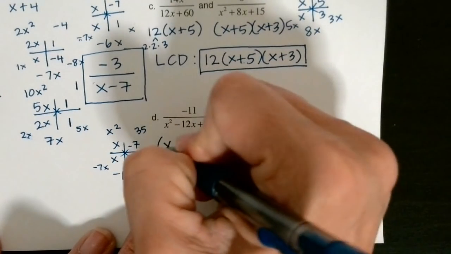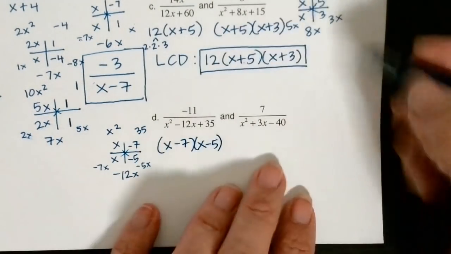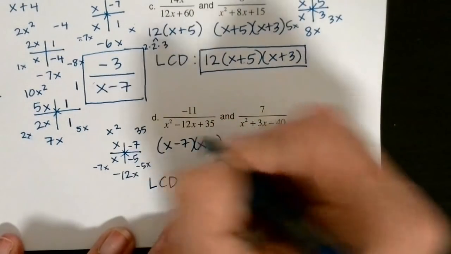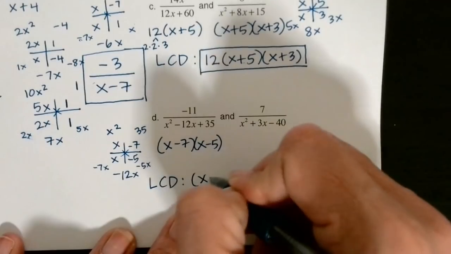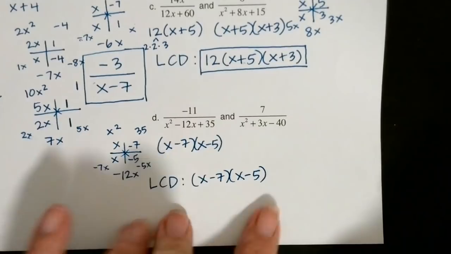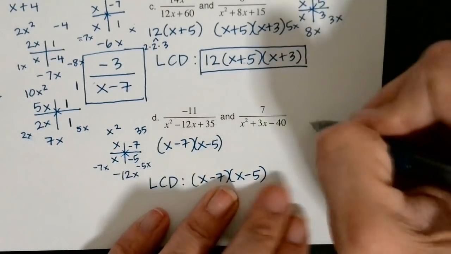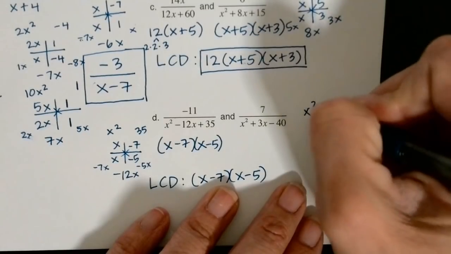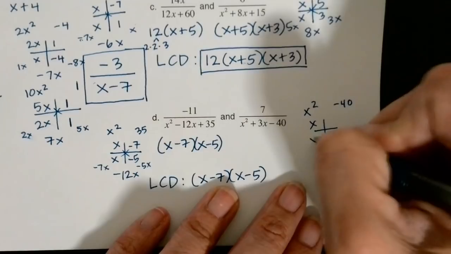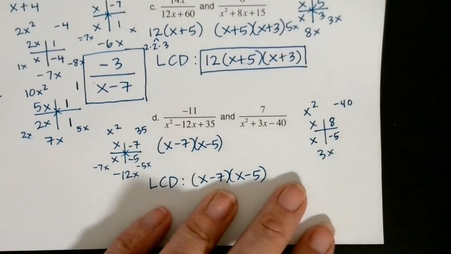So we have x minus 7 times x minus 5. And so right away, you could actually do this even. Once you factor the first one, you can be like, okay, there's the first part of my LCD. And then the next part of my LCD is going to be what I get from this, maybe 3x minus 40, x and x, and then it's positive, so probably like that.